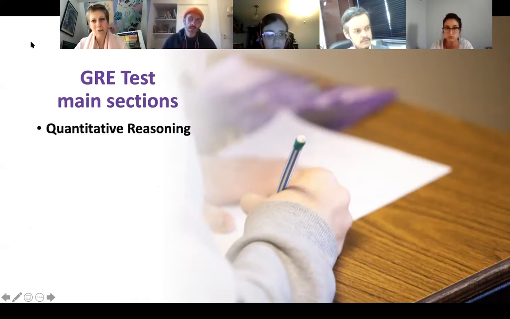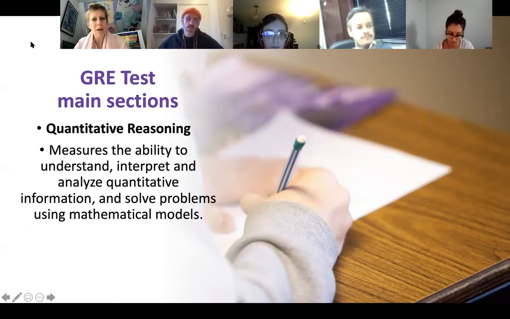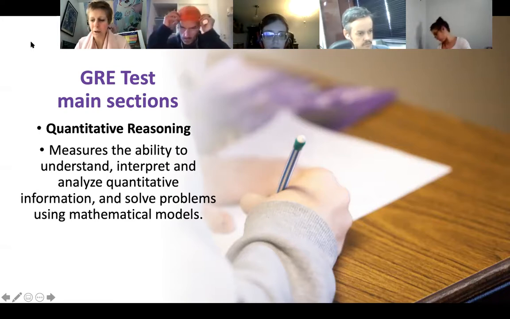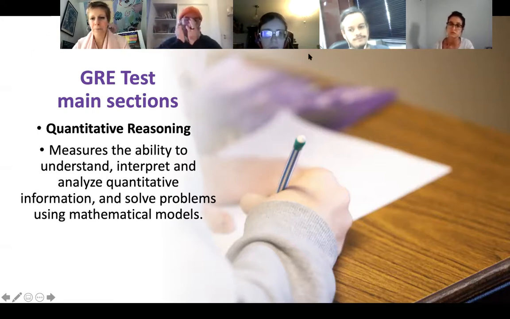And finally, the quantitative reasoning section of the test is going to measure your ability to understand, interpret, and analyze quantitative information and solve problems using mathematical models. All right. So those 3 sections will be on every test, okay? Then, like I said, if you had to specialize, you would have another test on a specialized topic, okay?